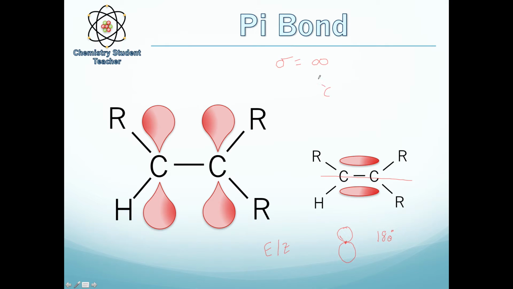So if we have CH3 like this and another CH3 group on the other side, then this carbon-carbon single bond can rotate around itself so that these hydrogens and the other hydrogens relative to each other are the maximum distance away.